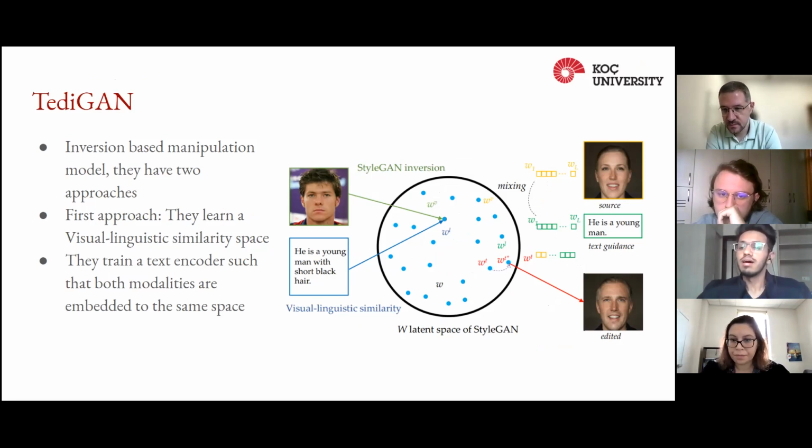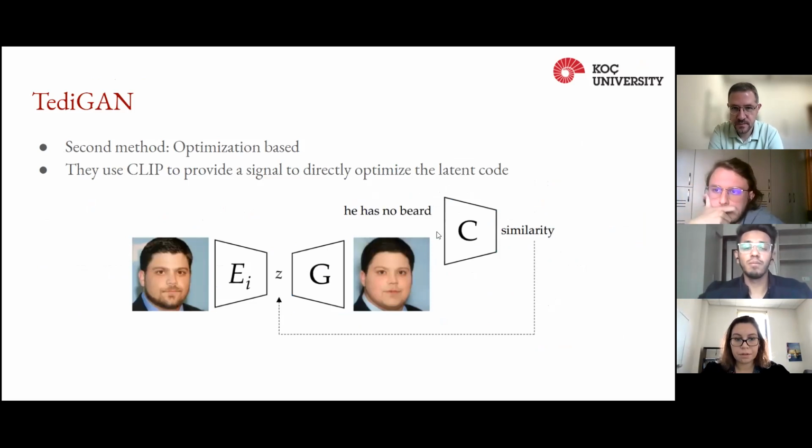So this is one approach, and another approach is optimization based. In this, they use an encoder to provide some initial latent code for an image. So this latent code corresponds to this image, and then they use the CLIP similarity, that is the cosine similarity that I talked about before, between the image and text encodings.